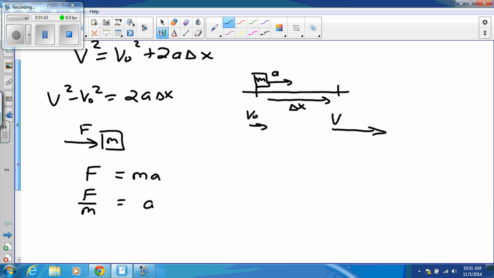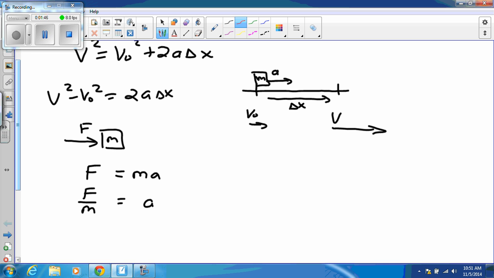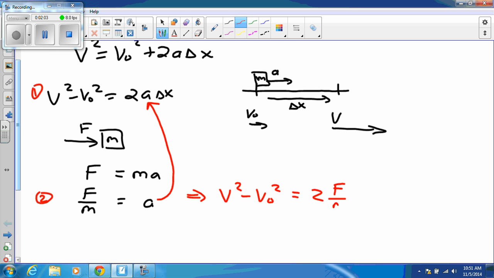Now, here's where this becomes really interesting. If I take this equation 1 and this equation 2 and I put them together by substituting right here, I get something that looks like this: v squared minus v0 squared is equal to 2 times F over m times delta x. And I recognize that the product of F and delta x is the work done on the object as it moves in this direction.